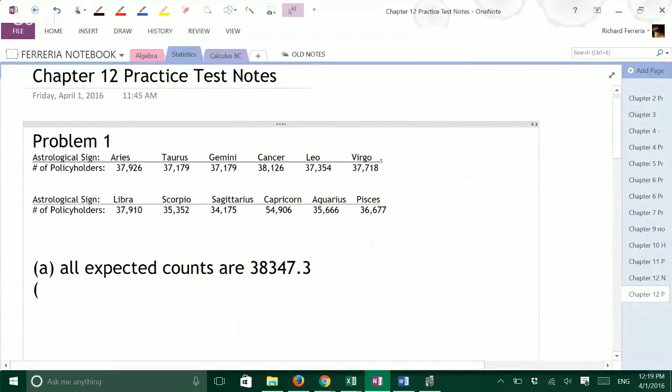Yeah, that's good enough. Of course, if you were taking a test and it tells you to write it underneath each value, then you should write the same value underneath each observed count.